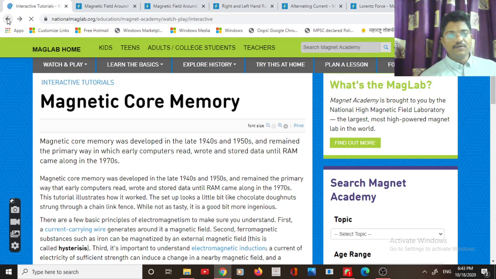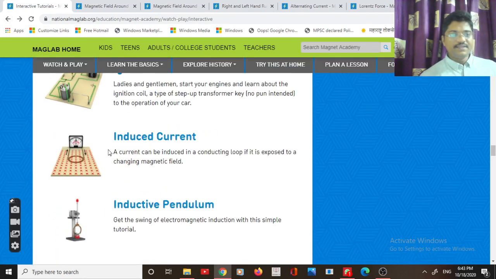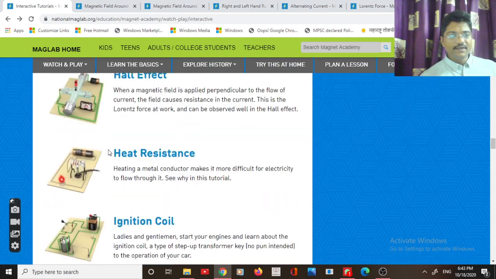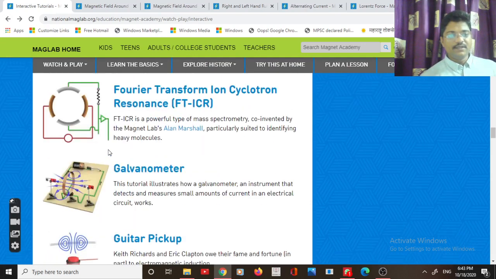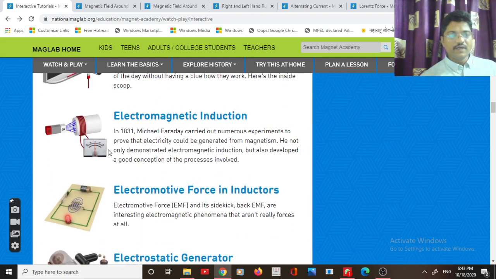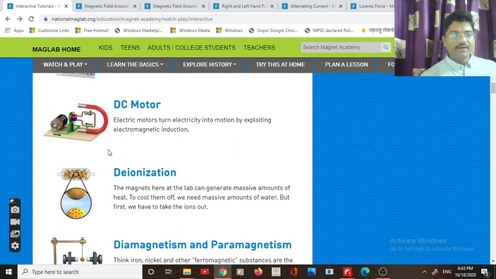If you look into it, you will understand all the aspects of the magnetic effect of electric current. There are many things related to our syllabus, and you can make some activities related with that. A few of them we are going to see.